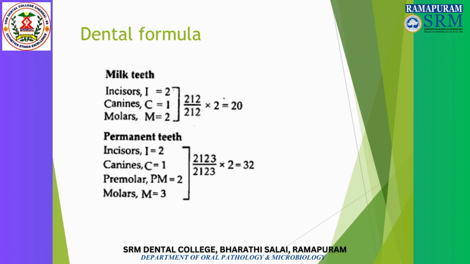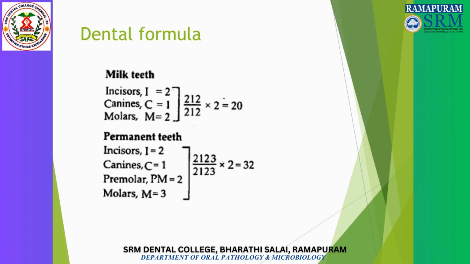That is, the maxilla has two incisors, one canine and two molars, which makes a total of 5 plus 5 into 2, which becomes 20. For each quadrant we have two incisors, one canine and two molars. So for the maxilla we have 5 on either side, which makes a total of 10. So maxilla 10 and mandible 10, which makes up a sum of 20 teeth in the deciduous teeth.